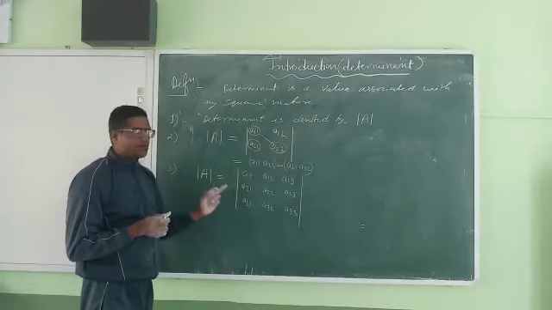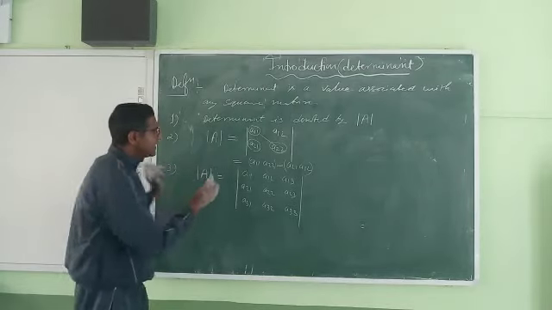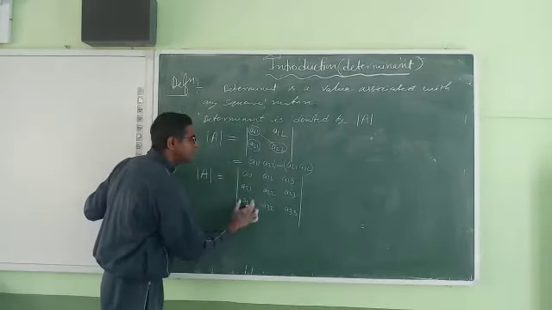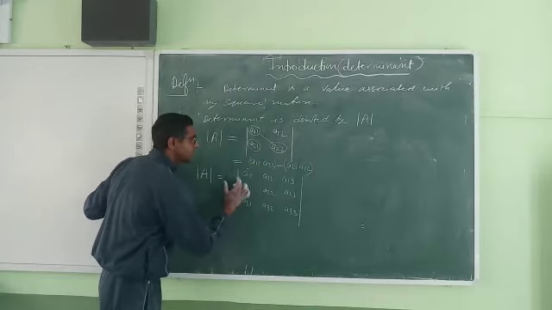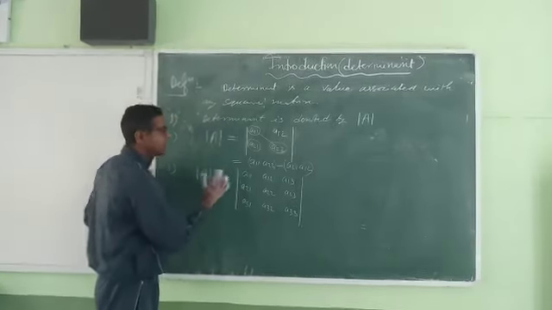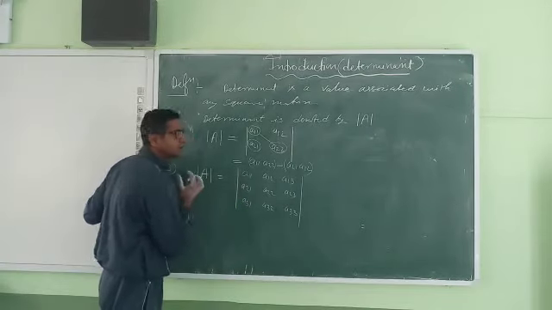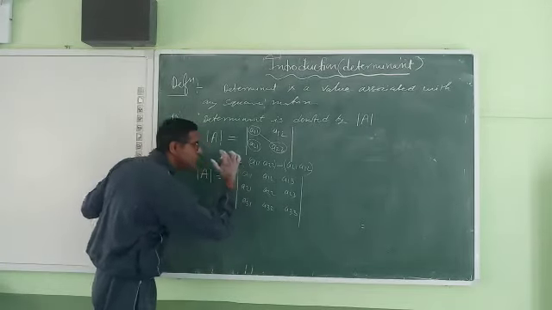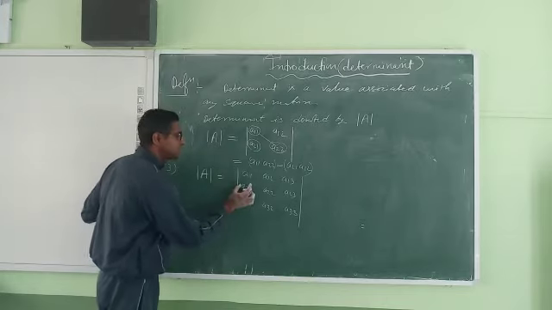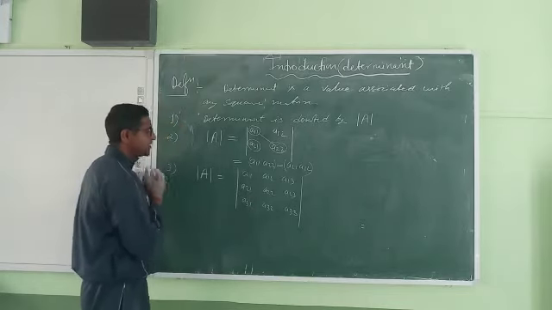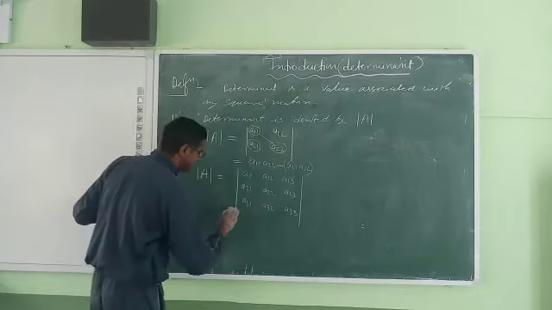That is, let us suppose the first row has maximum 0, so we will expand this in respect of the first row. If the first column has maximum elements 0, so we will expand in respect of the first column. Okay, I will explain this.